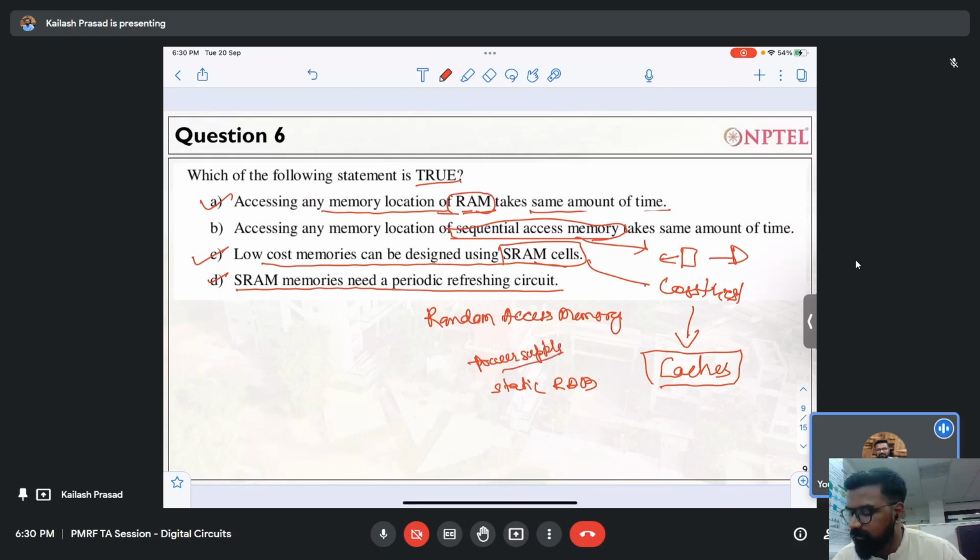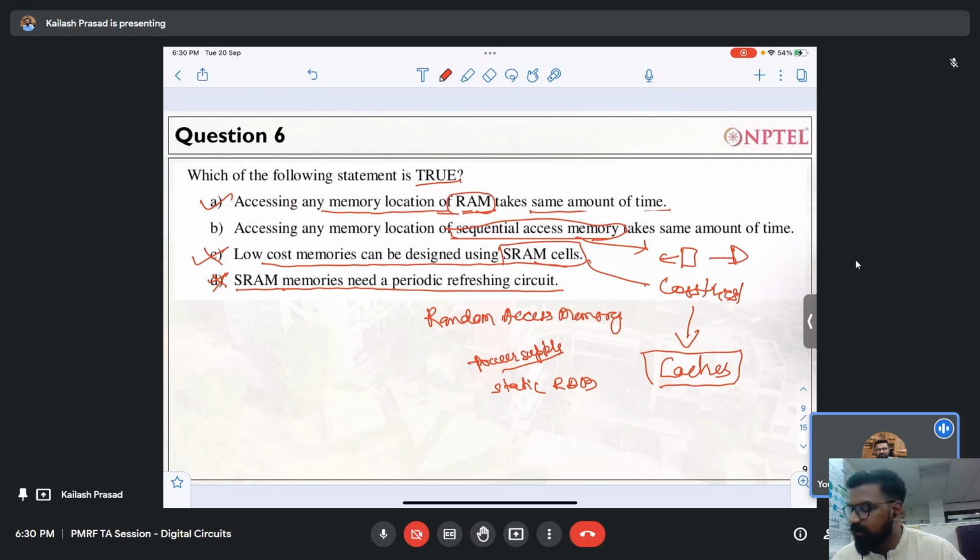So it means that the fourth option again becomes incorrect, meaning SRAM memory doesn't require a periodic refreshing circuit. You do not need to refresh the data once written; it will remain if the power supply is there.